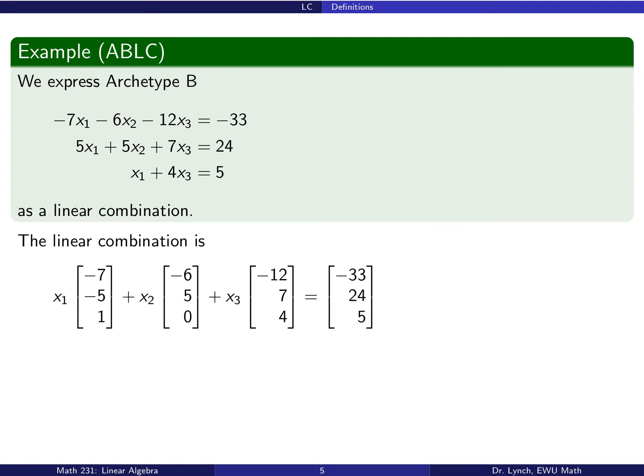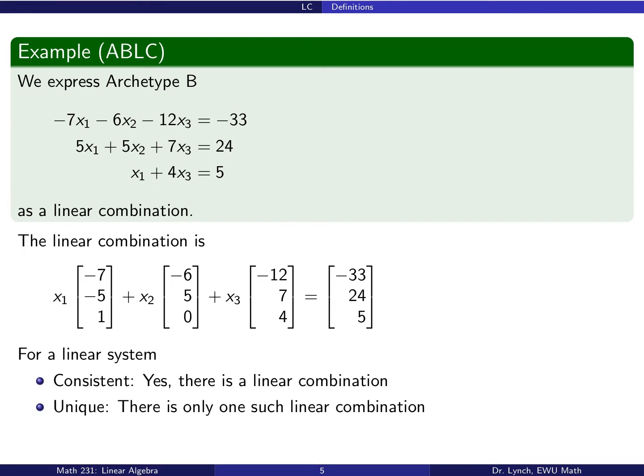Okay, so to answer the question, can we write a linear combination of these vectors, a vector times x1 plus a vector times x2 plus a vector times x3, and get out the vector negative 33, 24, 5? Well, we actually know the answer to this question for this system, right? We know that the solution to the linear system turns out to be, let me just write this down, negative 3 for x1, x2 is 5, and x3 is 2.